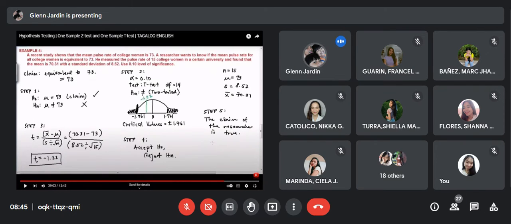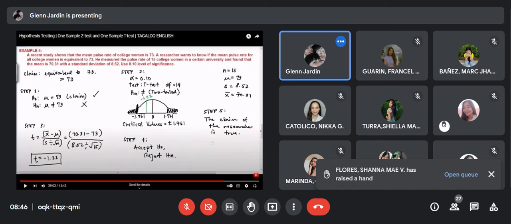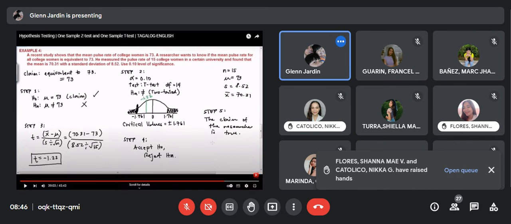Okay, let's try this example number 4 for our class. Anyone with problem number 4? May iba pang kamay? Bukod kay Flores at kay Katoliko?